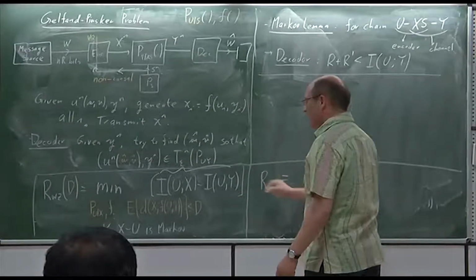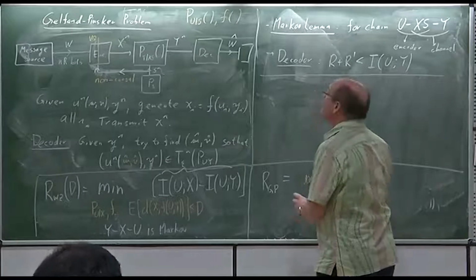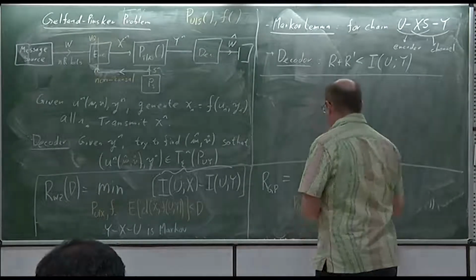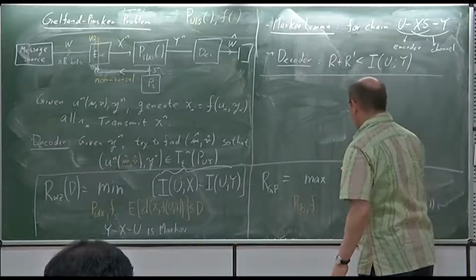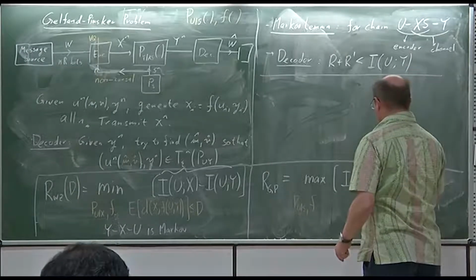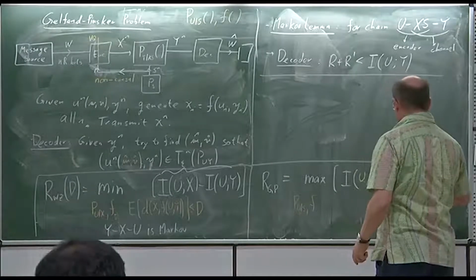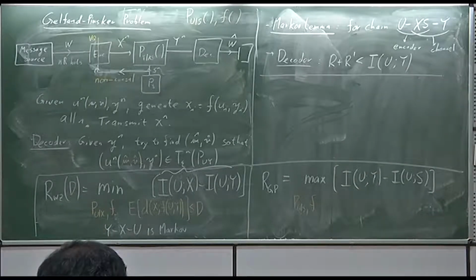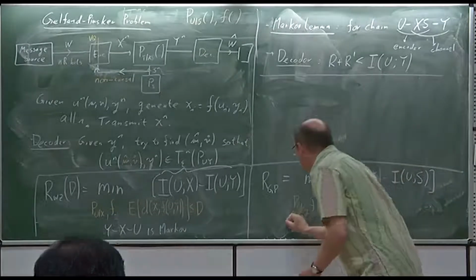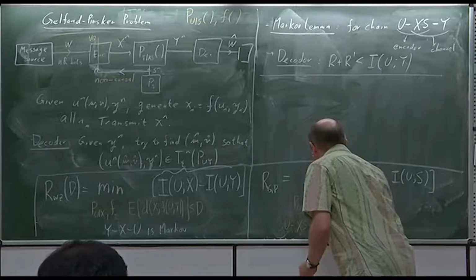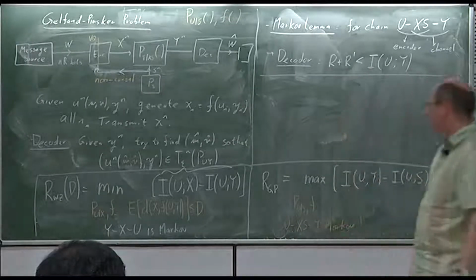And now we can maximize over P(U|S) and the function f, with no constrained optimization, of I(U;Y) minus the price we pay for coordinating transmissions, I(U;S). Okay, and I should also add that U, X, S, Y is Markov. I need to add that.